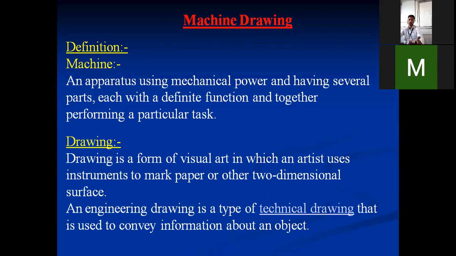Machine we have discussed. The word drawing will be used as a noun as well as a verb. If you draw something on paper, that will be your drawing, and the process by which you are doing it is also drawing. Something like the word casting you might have come across. This casting word is also used as a noun as well as a verb.